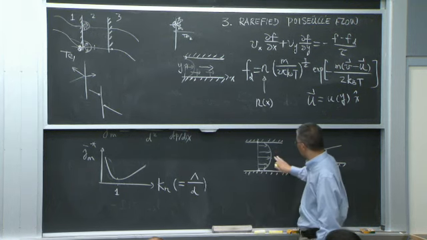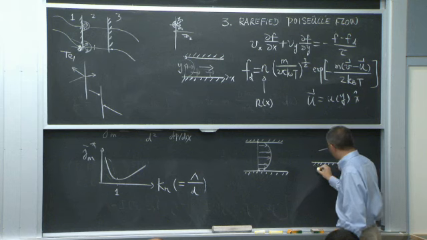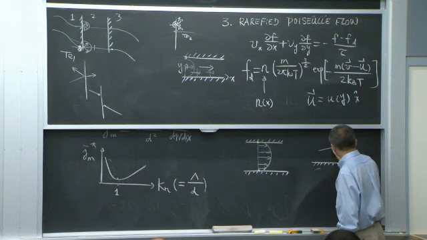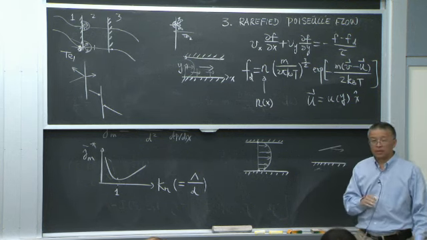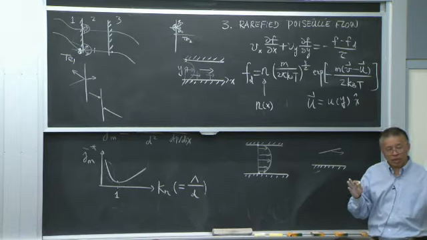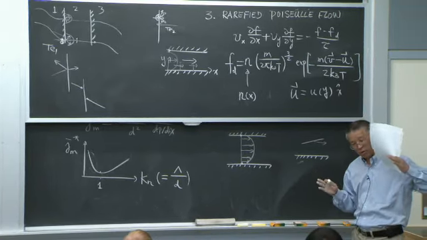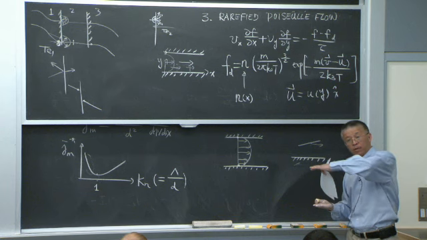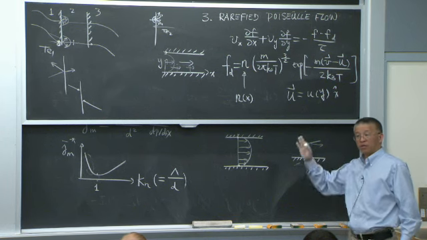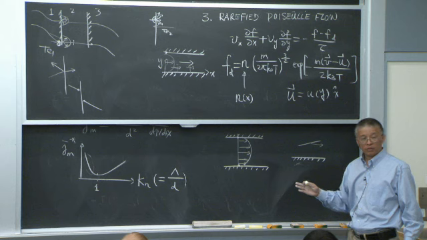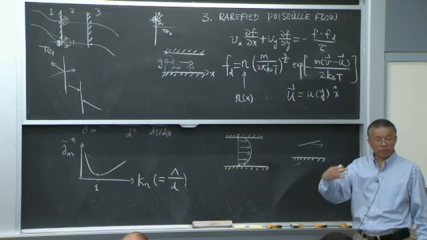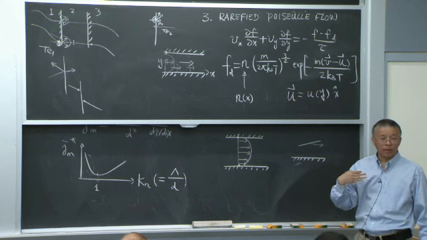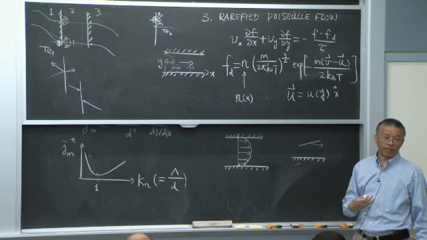Because this problem is, you're stationary, so you can roughly say this is your moving plate. It's a combination of two. If you don't have an angle, that's a Couette flow. When you have an angle, you have a pressure difference built up. So the pressure will drive a Poiseuille flow. So it's a superposition of Couette and Poiseuille flow.